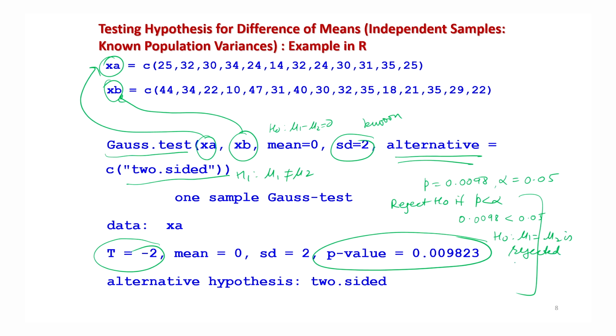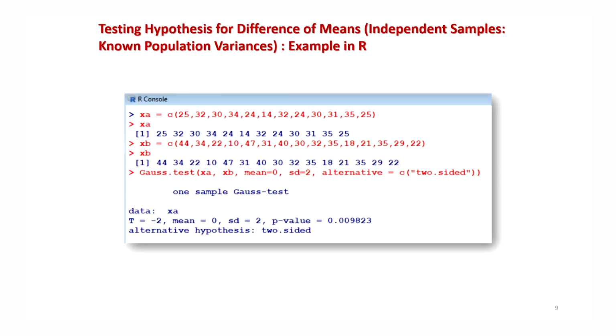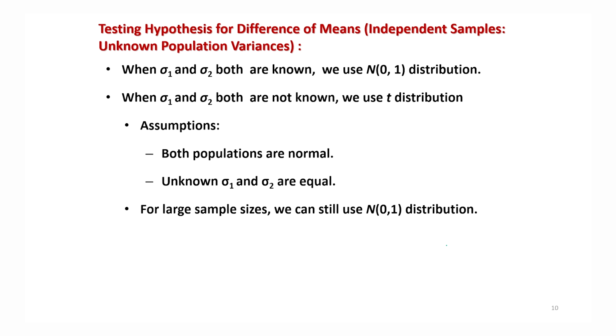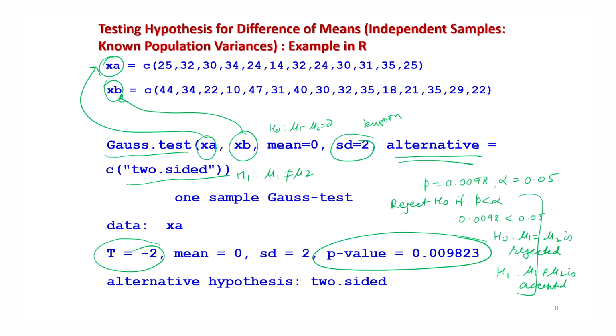That means the gain in weights from diet A and diet B are not equal, or alternatively, H1: mu1 is not equal to mu2 is accepted. That is correct, both diets give, on average, a different increase in the gain in weights. This is the screenshot.